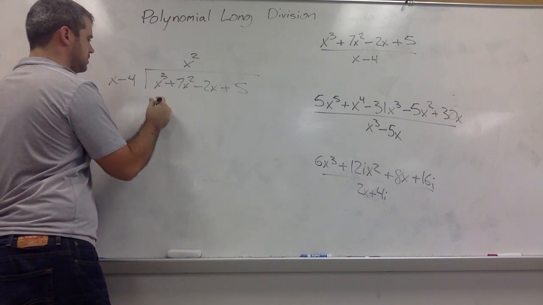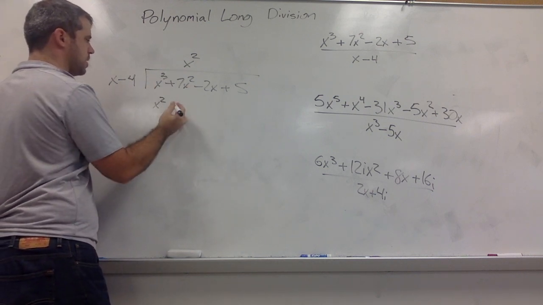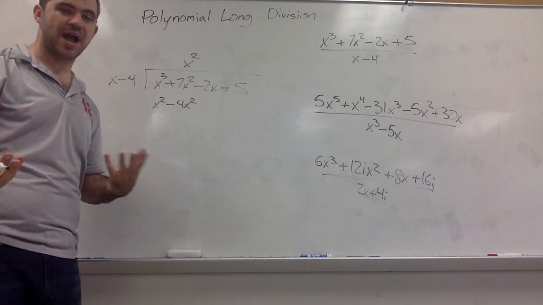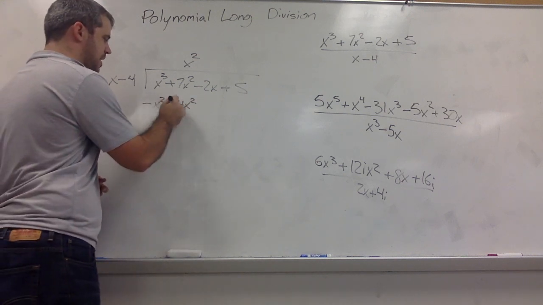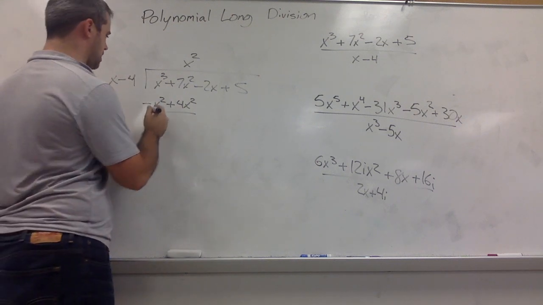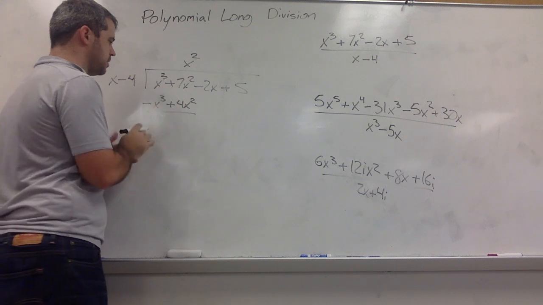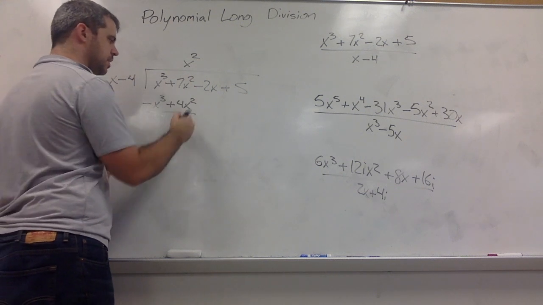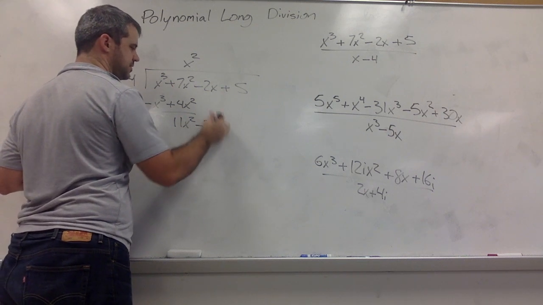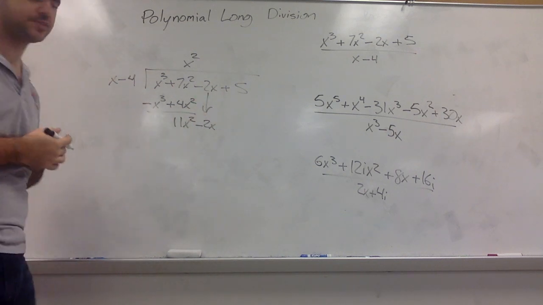So I get x to the third minus 4x squared. But I'm subtracting, so I'm going to switch both of these signs. So the x to the third should be 0. This is 11x squared. And then I drop down this negative 2x.